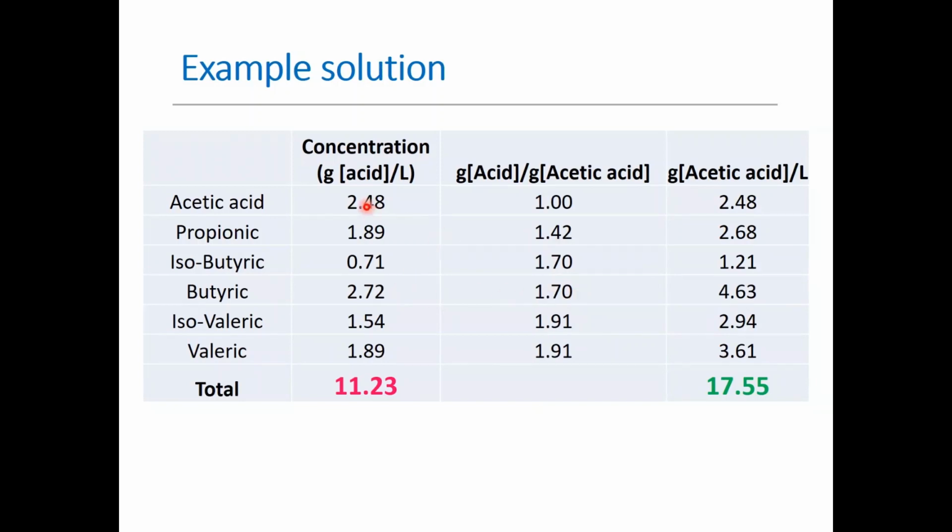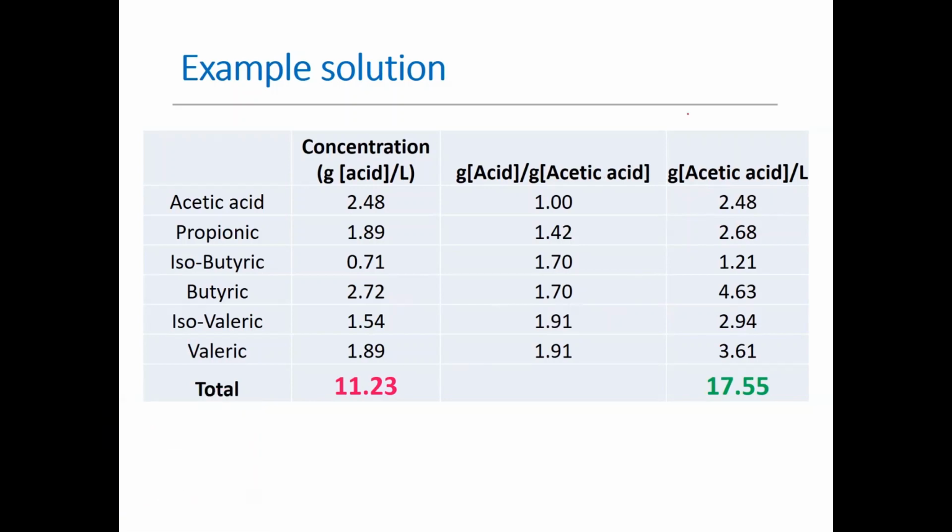In this case, just multiply the concentrations that you have in the reactor by these numbers, and you get the acetic acid per liter, the acetic acid equivalent. So here we converted, and this will be the acetic acid equivalent.